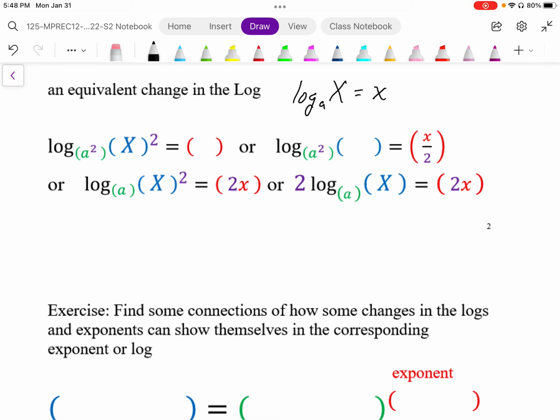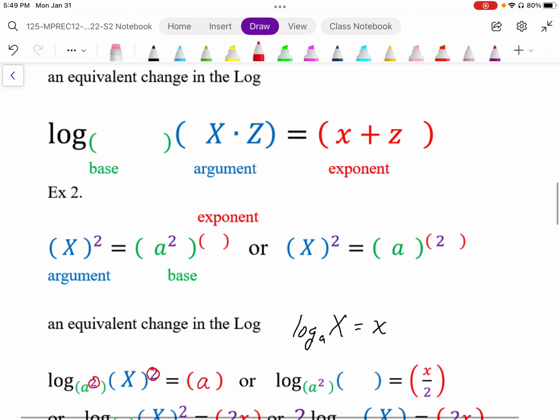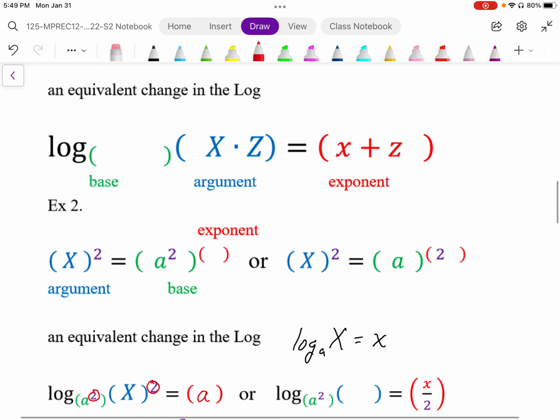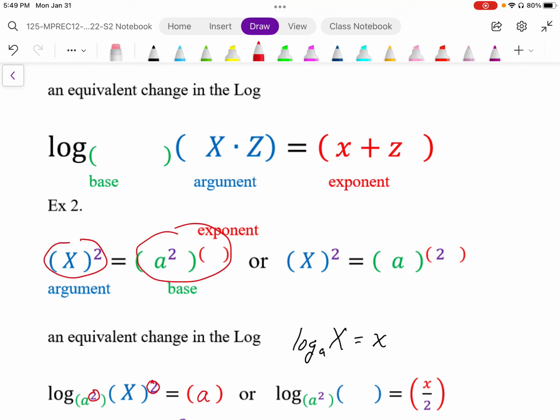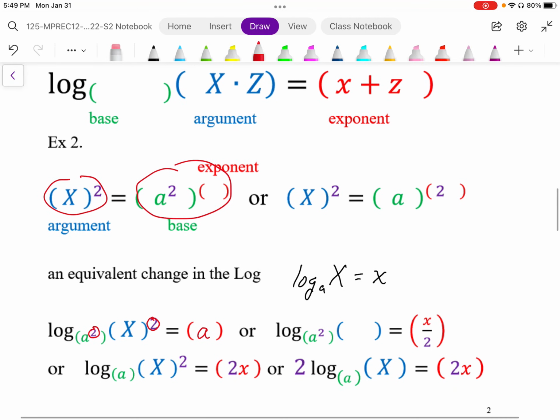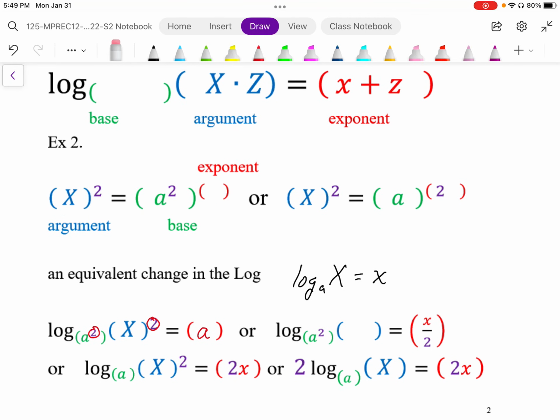So we know that this is going to be equal to exponent A here, and we can add in this extra exponent of 2 on the base and the argument, and that's going to balance off because that exponent is being applied to both sides of that expression. Okay, so it's being balanced that way.